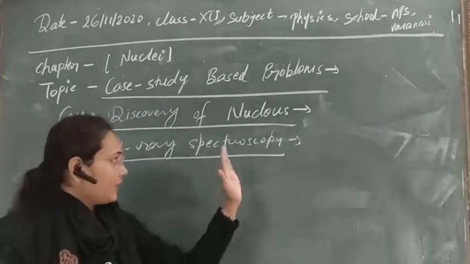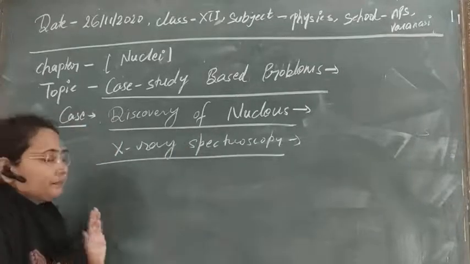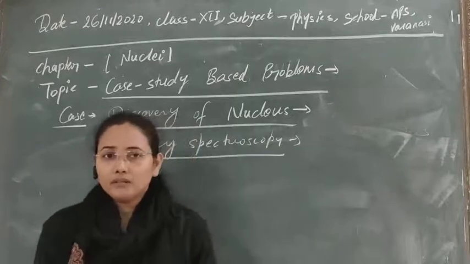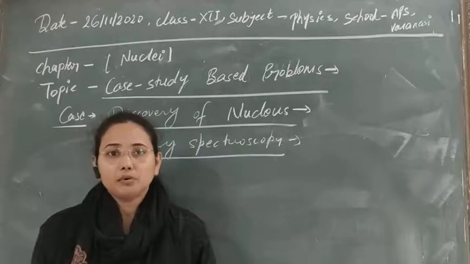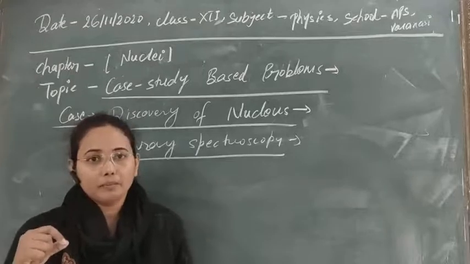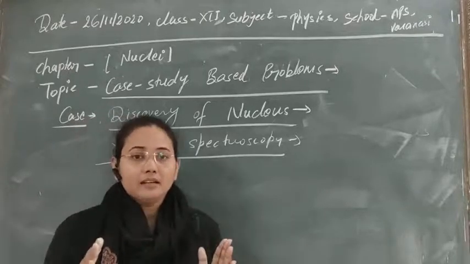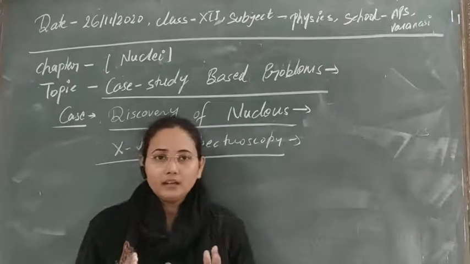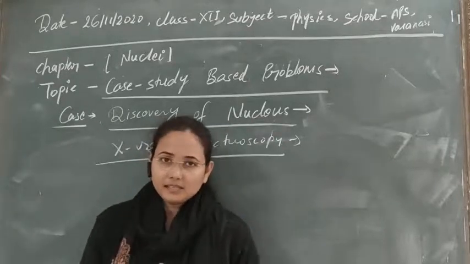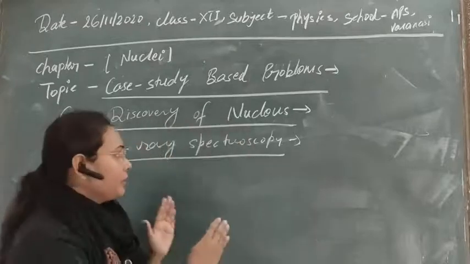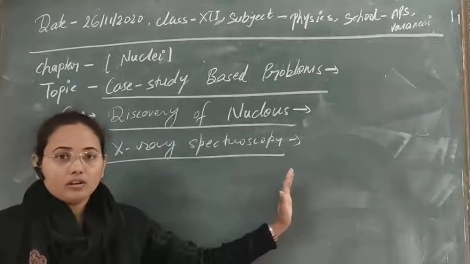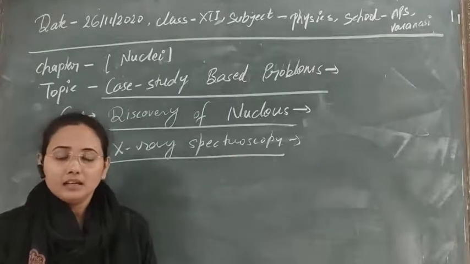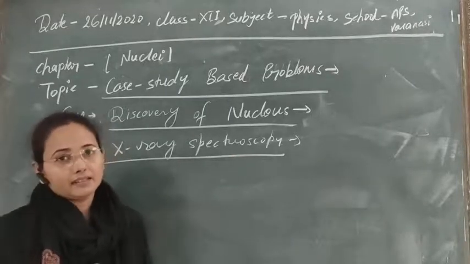Now, a number of wavelengths or frequencies can be produced in this process of filling the core orbits, and if you arrange them in increasing or decreasing order of frequency or wavelength, we get the spectrum of X-rays. From here the spectroscopy of X-rays starts, and you know that two types of spectrum are possible in the case of X-rays: continuous X-rays and characteristic X-rays.